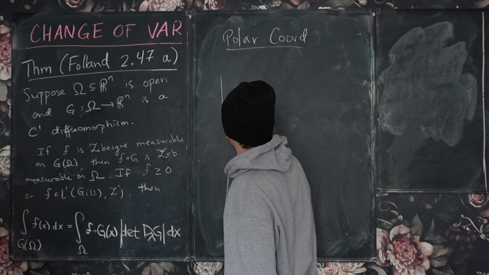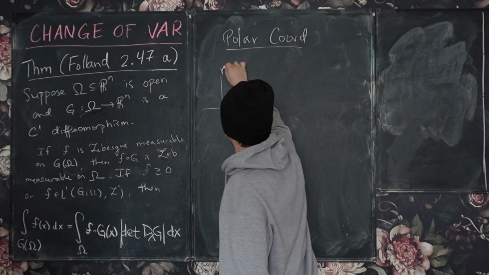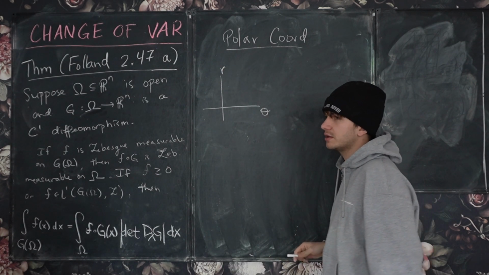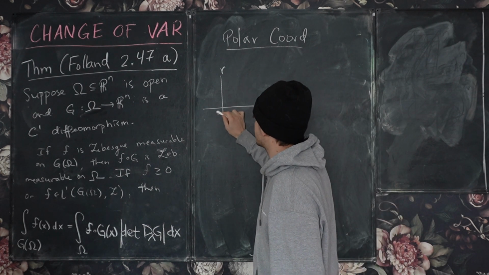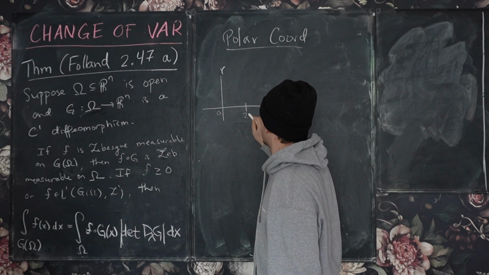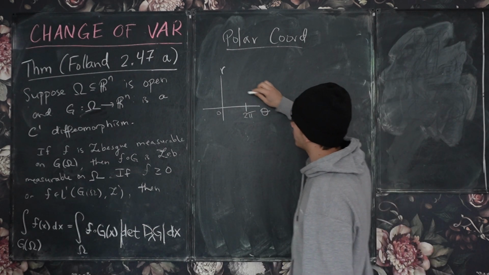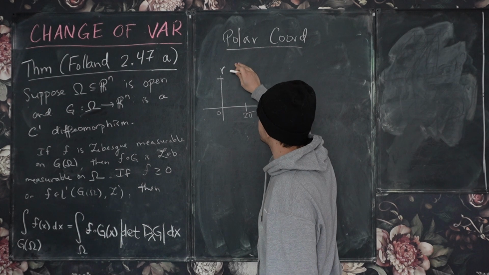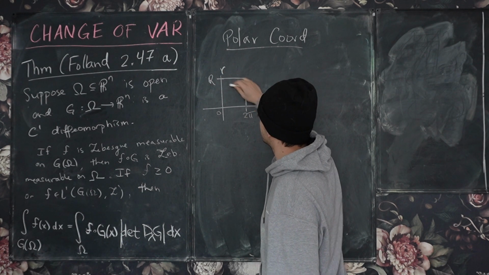So let's consider an r theta plane parameterization, and I want theta to run from 0 to 2 pi, and r to run from 0 to maybe capital R.